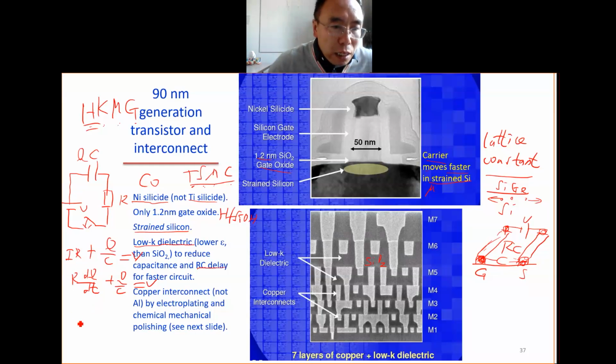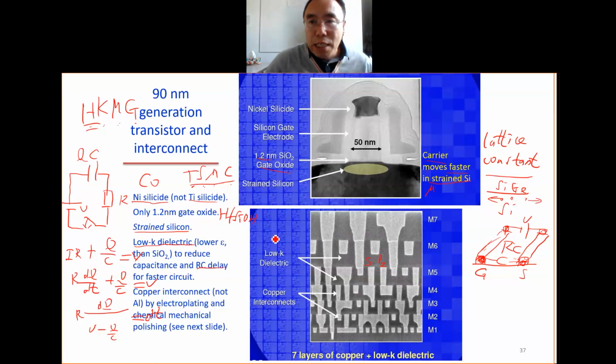So it becomes R dQ divided by (V minus Q over C) equals dt. This can be solved.